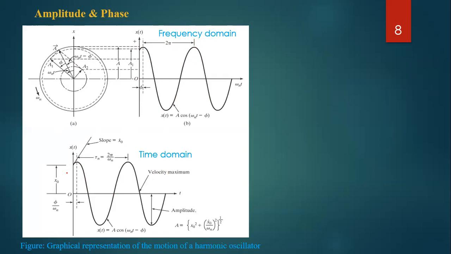Here we can see the initial slope at the point where x naught starts. That slope is x naught dot, the initial velocity v naught. Here x naught is the initial displacement, x naught dot is the initial velocity, and from here to here is the natural time period, tau n, which is 2 pi over omega n, in the time domain analysis.